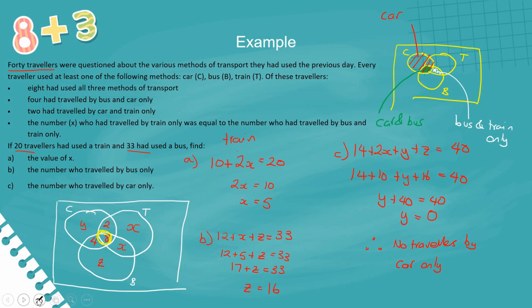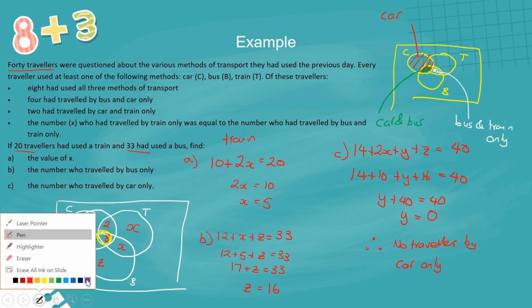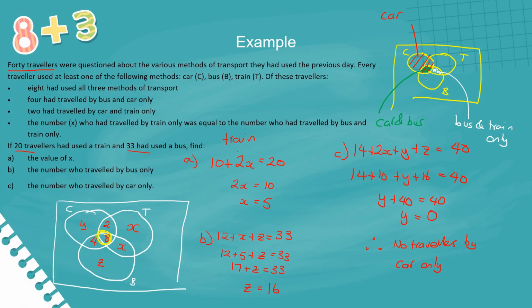Here it is. Sorry, I almost lost my marker. And if we said bus only, we'd be looking at that bit there. So when it says only, that's when you're looking at a smaller subsection. If it doesn't say the word only, you're looking at everything that possibly could be included.